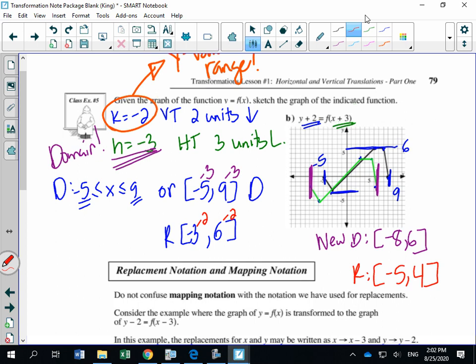So my new range of this green graph should be -5 as my smallest y value, to 4 as my biggest y value. You really need to understand that your domain is your x values, affected by your H parameter, and your range is your y values, affected by the K.